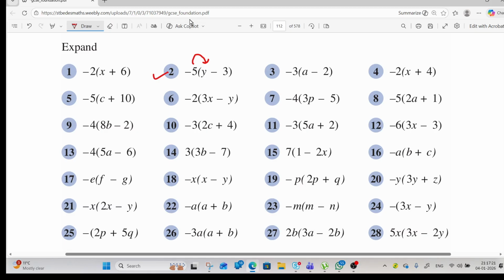So negative 5 times 1 y, so negative 5y. Then you do this times this.